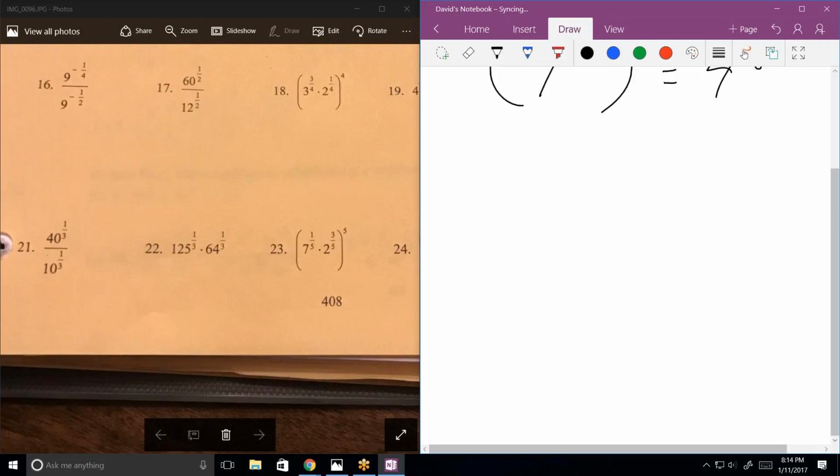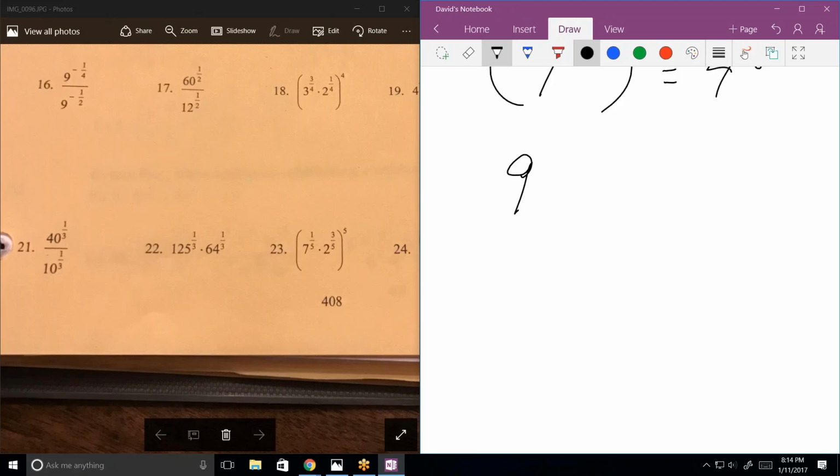Okay. And then number 16 will be 9 to the minus, wait, hold on. You're going to have to back those fractions, so you might as well come up with a least common denominator. You might as well always convert the smaller one.